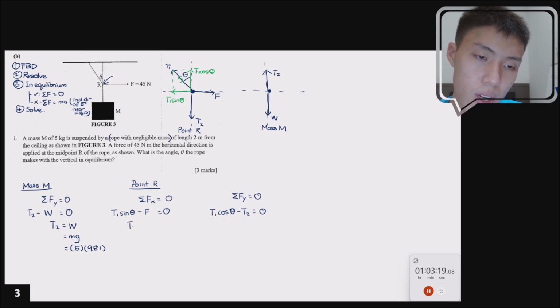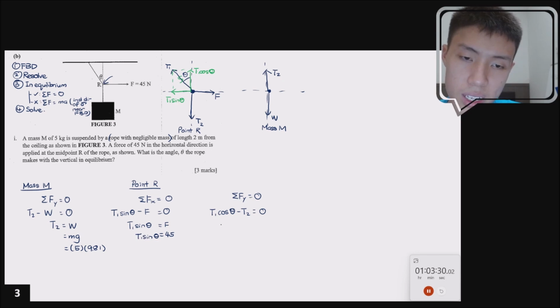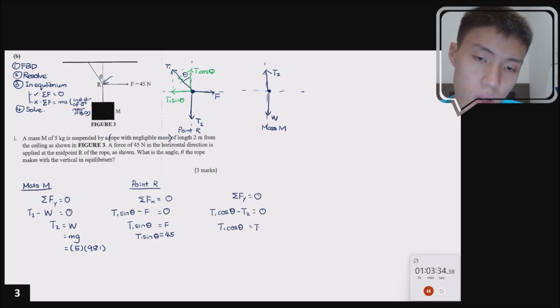So now T1 sine theta is equal to f, and f is equal to 45. So T1 sine theta is equal to 45. Next, T1 cos theta is equal to T2. We know that T2 is equal to 5 times 9.81.